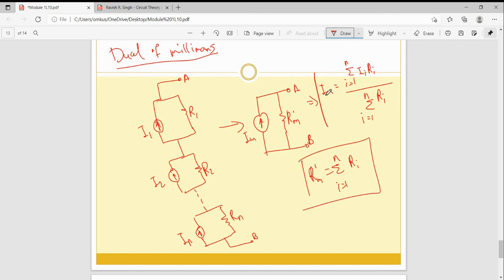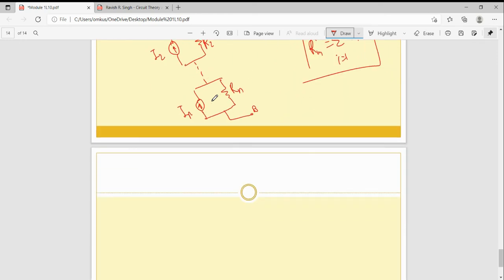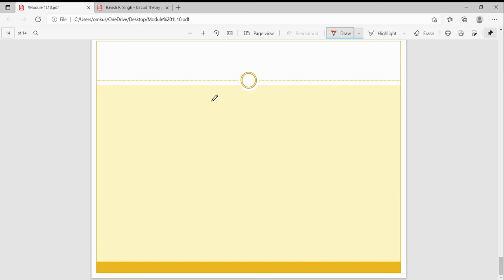So this is your Milliman's theorem. You can also derive this equation by solving these parameters. I have directly written the final result here, so you can easily derive this equation.